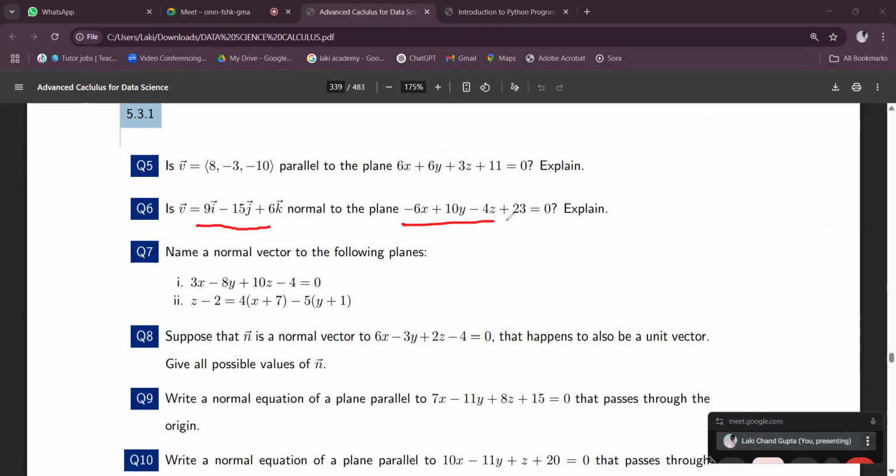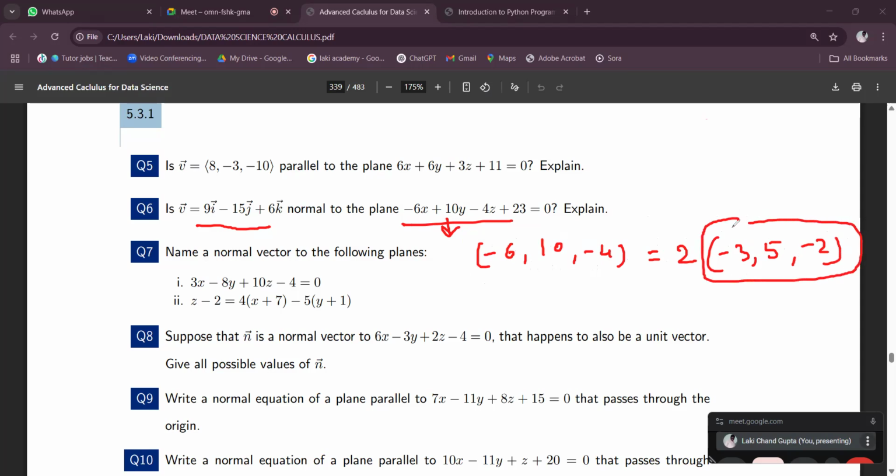Is this vector normal to this vector? Let's check. What is the normal vector of this? Minus 6, 10, minus 4, right? What is common in this? 2. After finding the common factor, you will get this, right?